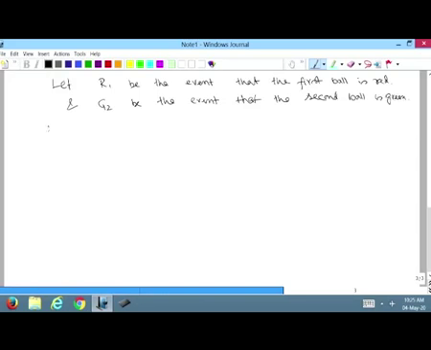Therefore, we are looking at probability of G2 given R1. Now, initial configuration is 12 red balls plus 8 green balls.